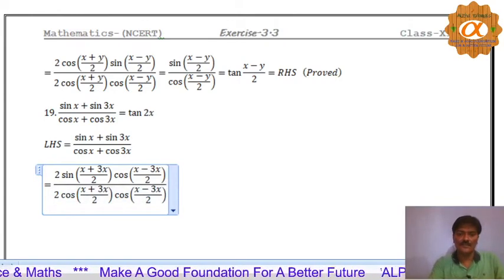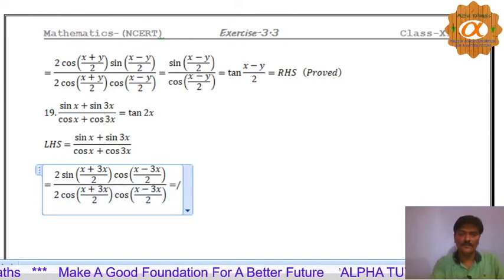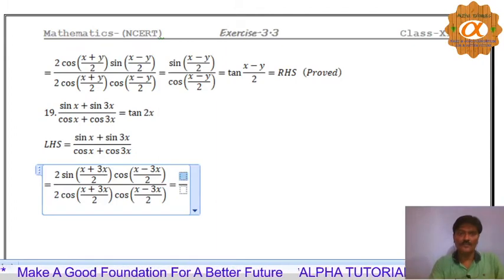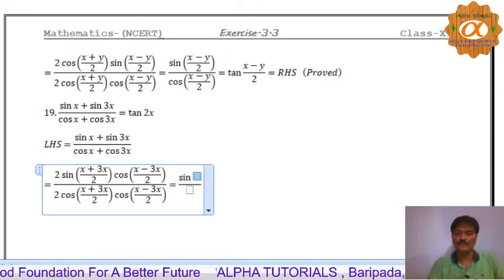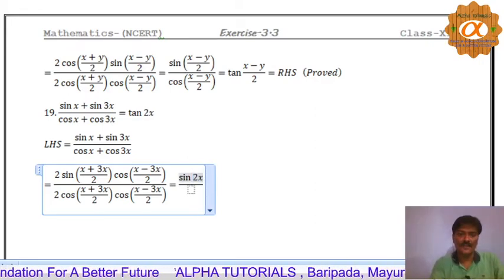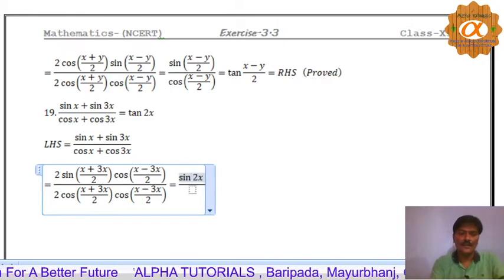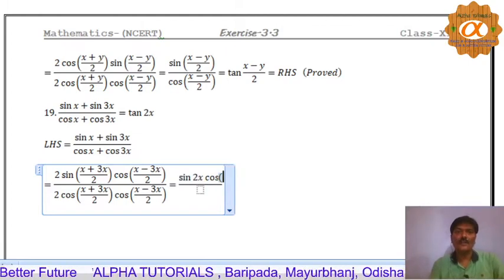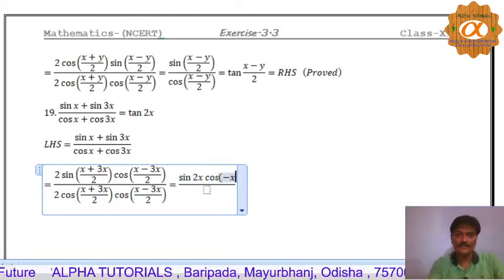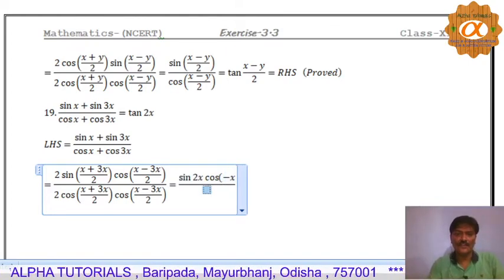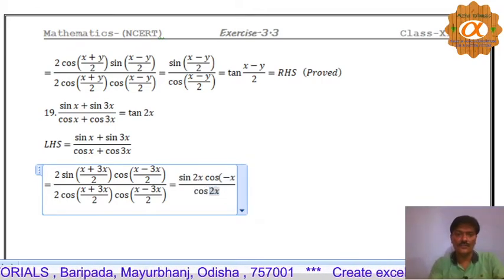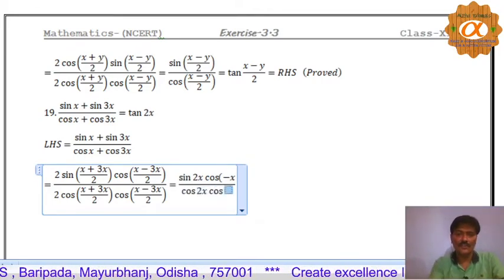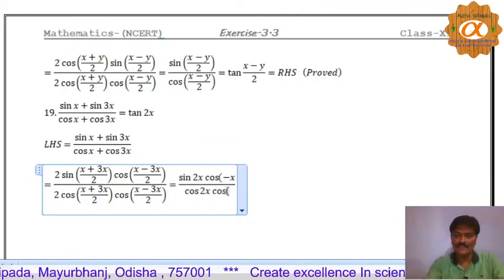The 2 cancels out. Now it becomes sin 4x by 2, then sin 2x and cos minus x. In the denominator it is again cos 2x and cos minus x.